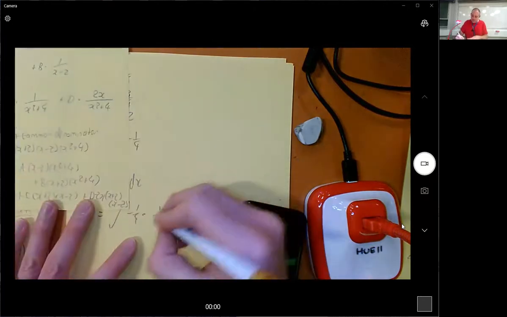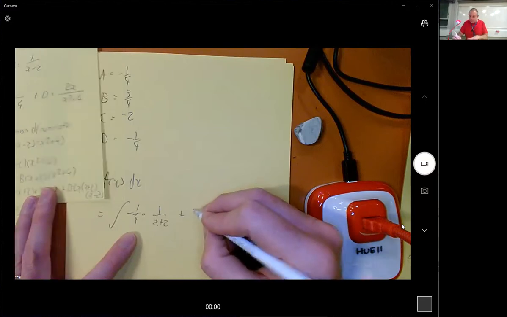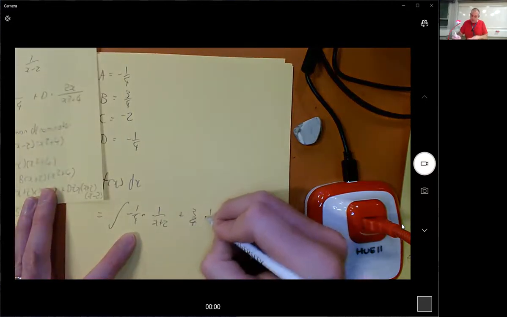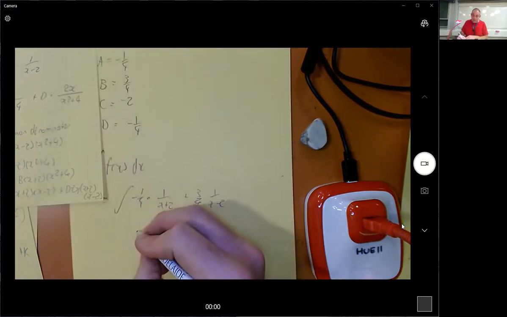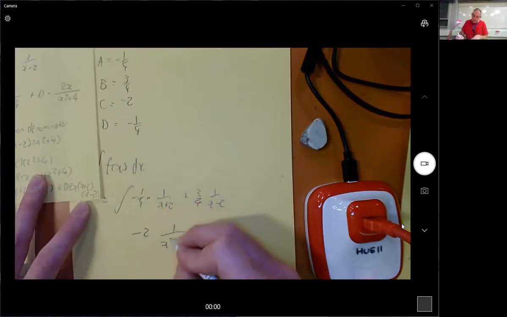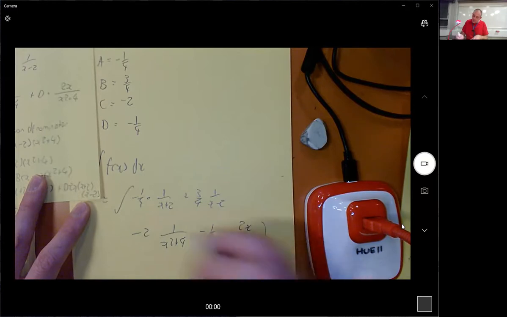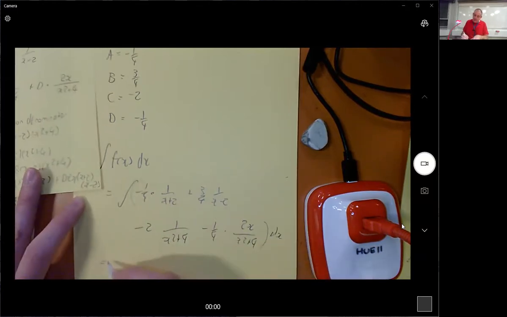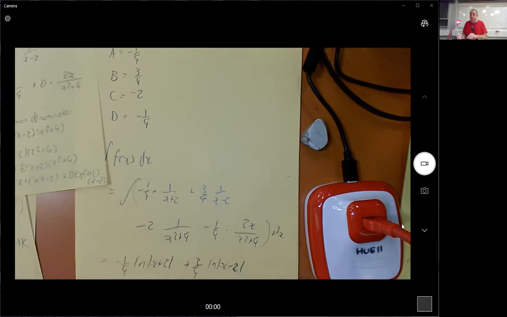No, that's right. 1 over x plus 2, plus 3/4 of 1 over x minus 2, minus 2 of 1 over x squared plus 4, minus 1/4 of 2x over x squared plus 4. And so the integral will be minus 1/4 of ln of x plus 2, plus 3/4 of ln of x minus 2. Need the absolute value signs, by the way, that's important.